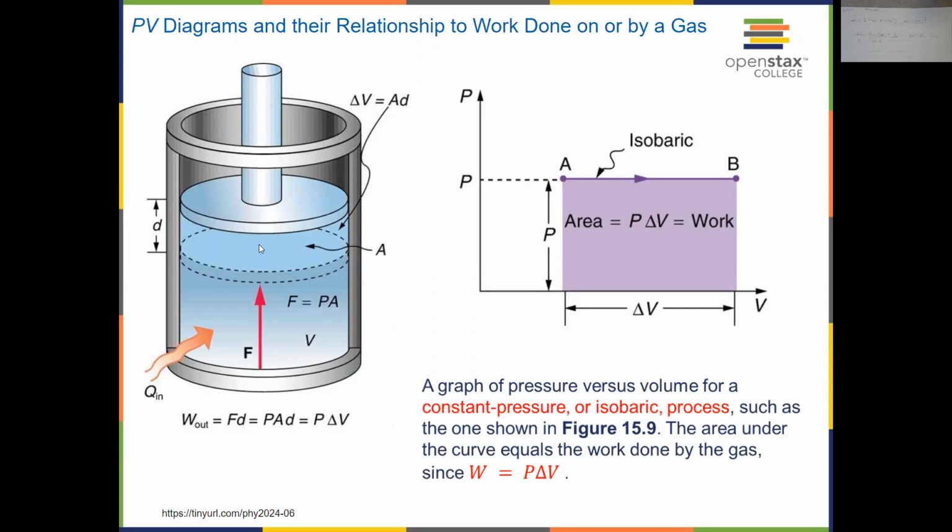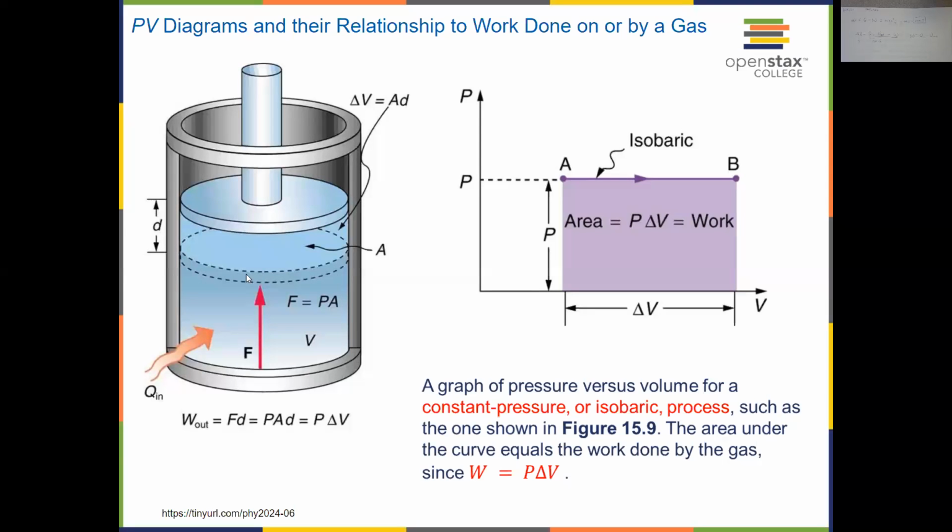We have to look at the force by the gas system on the piston, called F. According to the definition of pressure, P equals F divided by A, so F is equal to P times A. This is how much force is being applied, and then times the distance d that the piston moves.